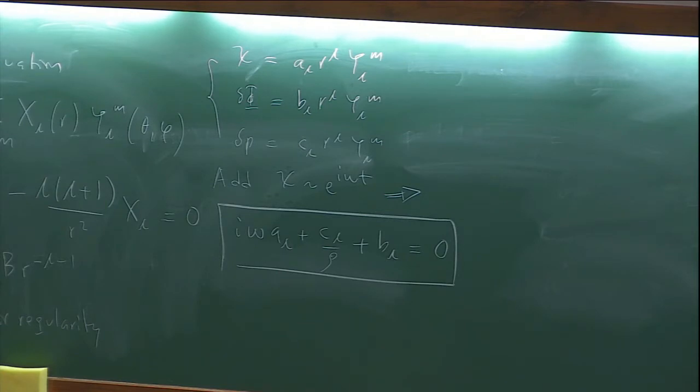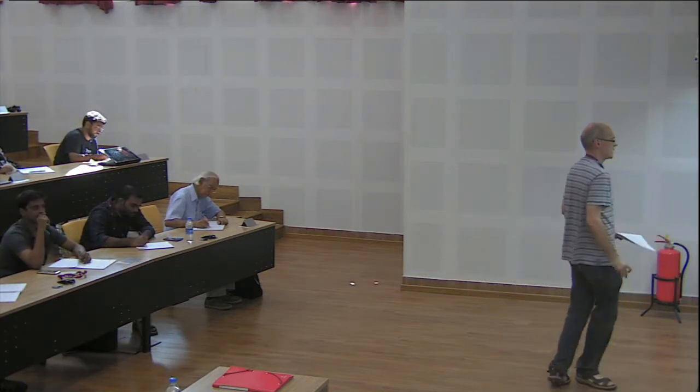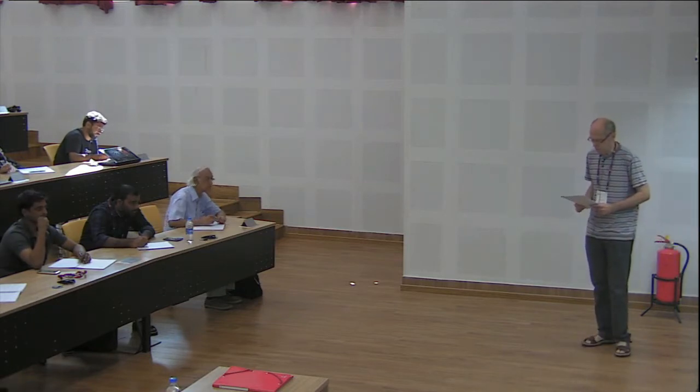So I've reduced, by using the spherical harmonics, the whole problem to algebra, right? Which is nice. But to finish, I need some relationship between these A's and B's and C's, and they're going to come from the surface. Okay? For the purposes of this morning, I'm going to be really lazy.